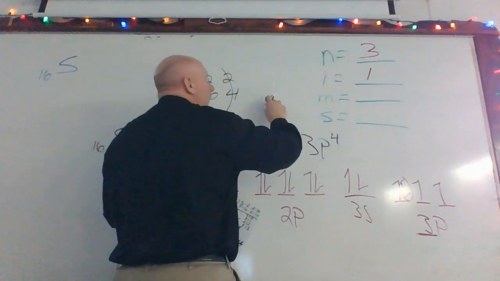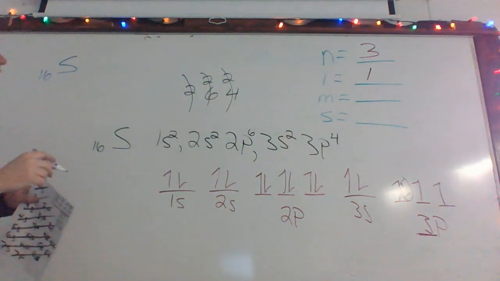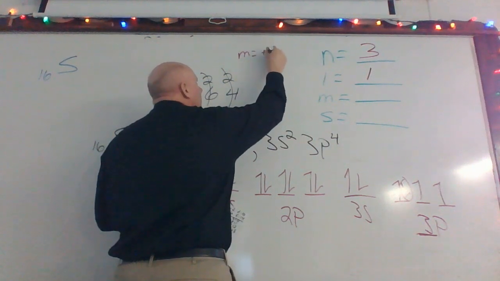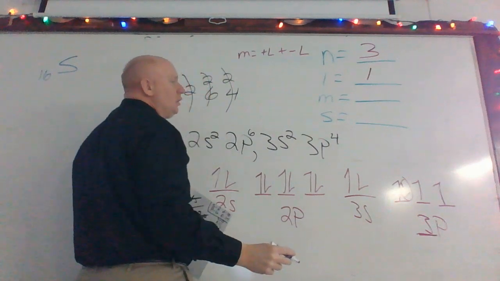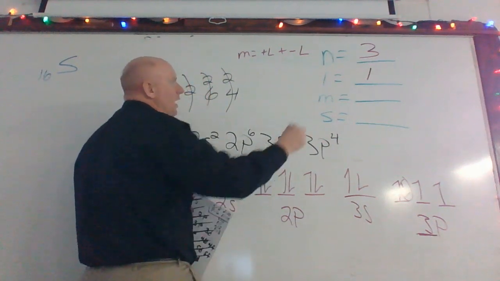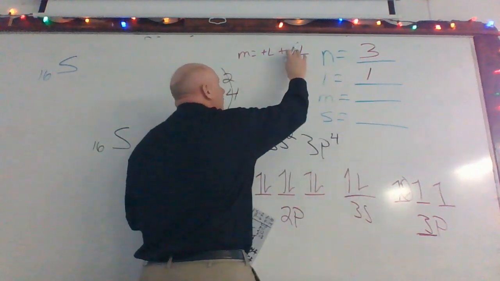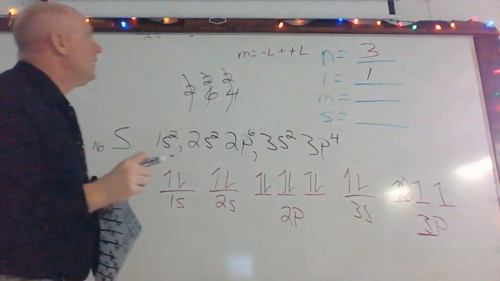And M equals a positive L to a negative L for values. So what that means is, since L is 1, I got these backwards, a negative L to a positive L. Okay?